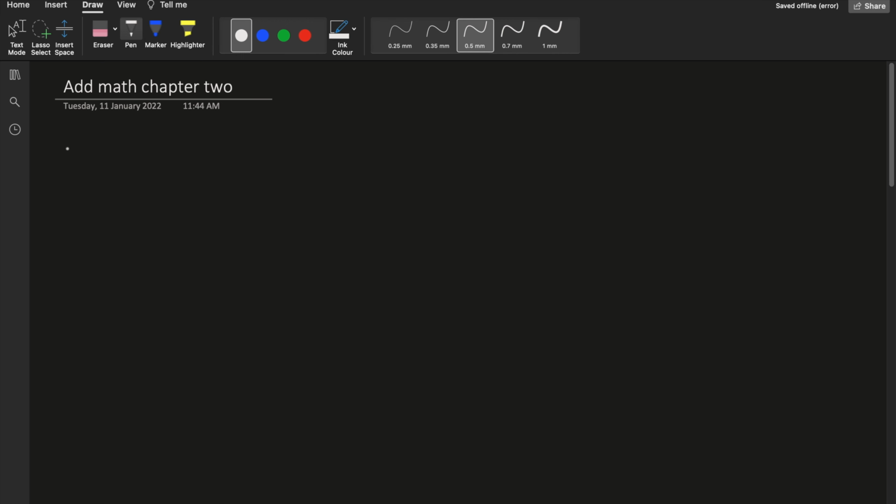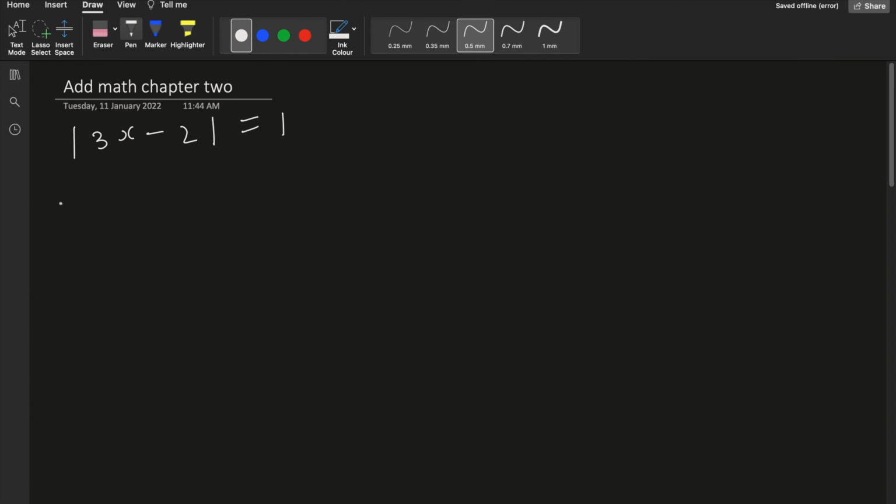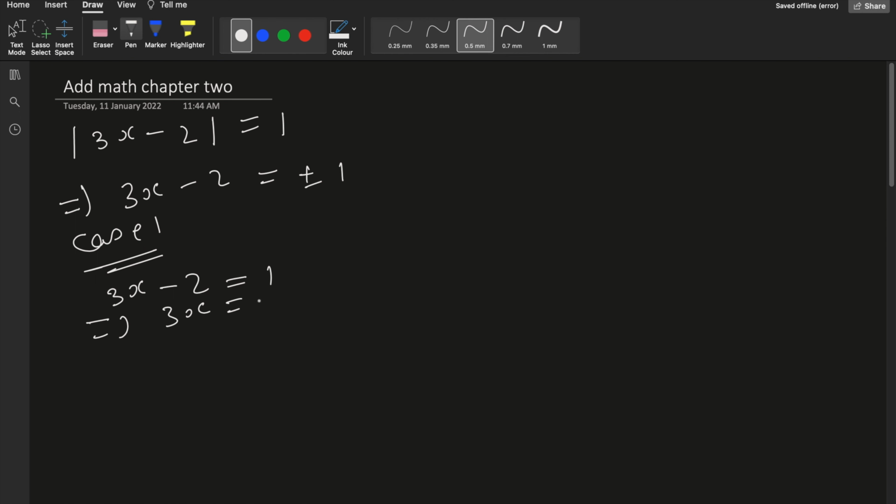So the first equation was modulus of 3x minus 2 equals 1, I think. Yeah. This implies that 3x minus 2 equals plus or minus 1. So you can write case 1, 3x minus 2 equals 1, which implies 3x equals, transposing minus 2 to this side would become 3, which implies that x equals 1.